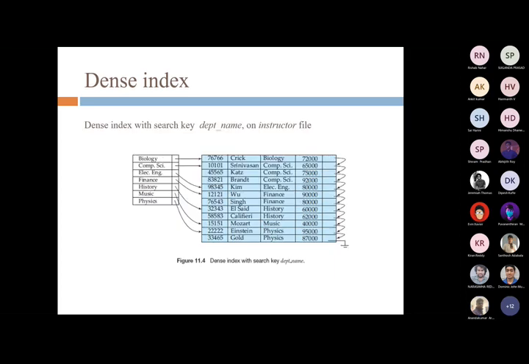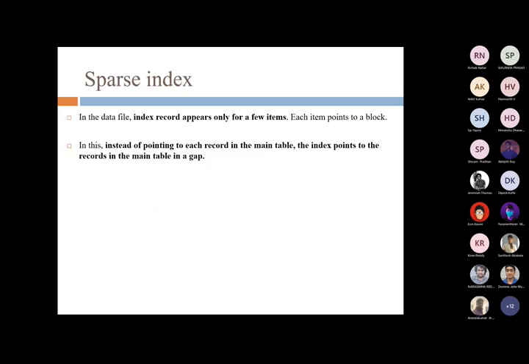So the next is going to be a sparse index. In the case of a sparse index, the index record appears only for a few items. In the case of a dense index, the index record appears for almost all the records that are present in a disk. Whereas in the case of sparse indexing, the index record appears only for a few items, and each item points to a block, right?